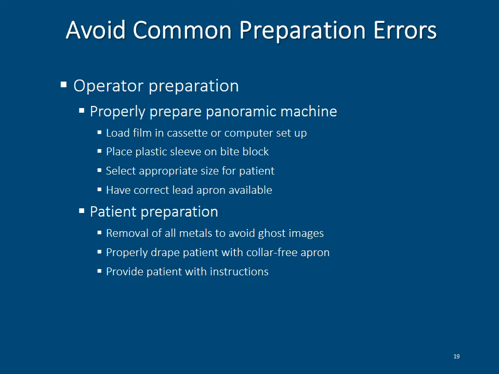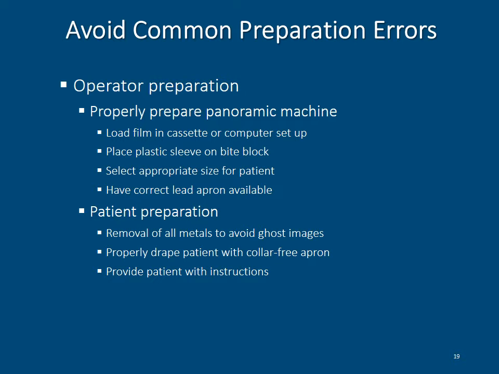The patient preparation must be that they remove all head and neck metals, earrings, partials, necklaces, nose earrings, and if the tongue has been pierced, there may be piercing in the tongue. Anything that would radiate metal. Again, it is a lead apron without a collar, and we then also have to tell the patient that this machine will move around their head, and they may want to try and move away from it as it will brush slightly against their hairline.